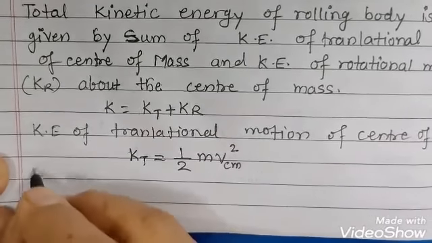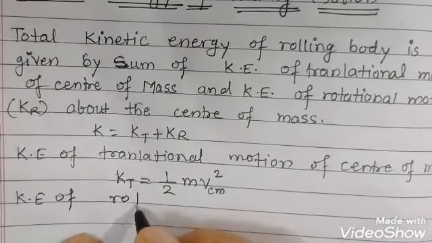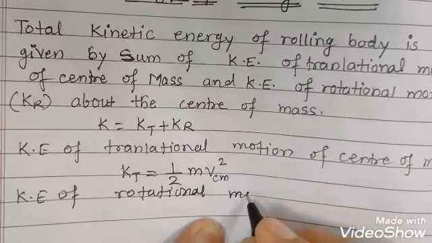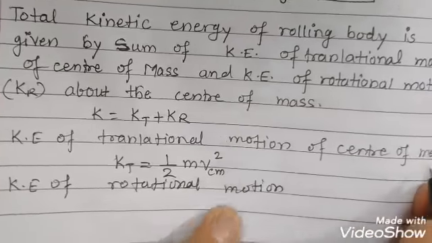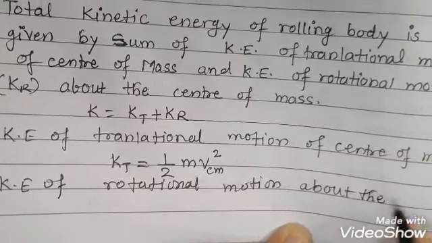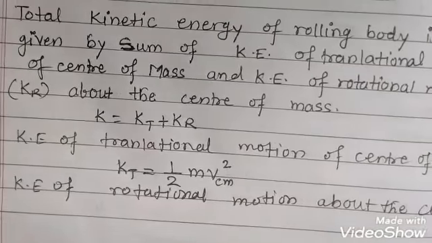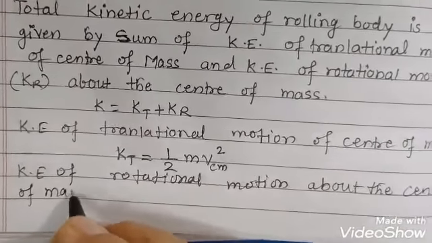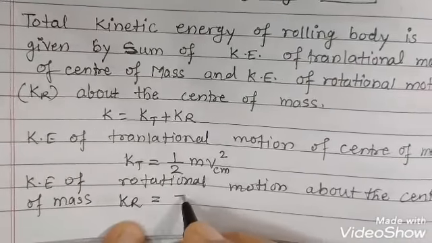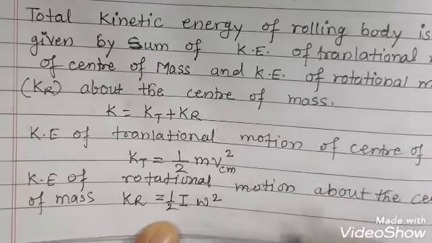Now we'll see that the kinetic energy of rotational motion about the center of mass is given by Kr is equal to half I omega square.